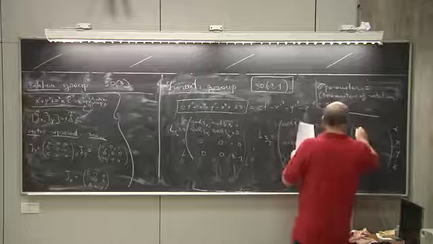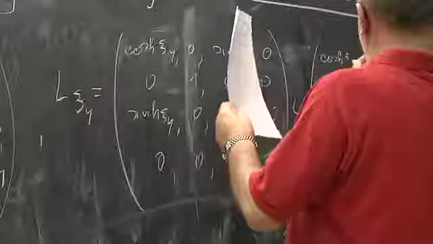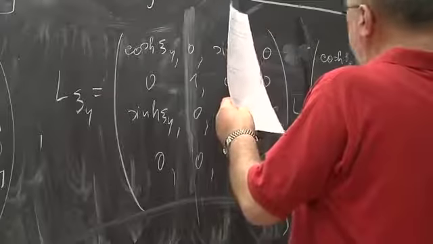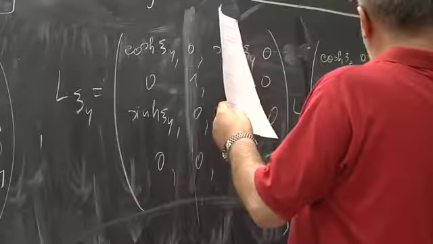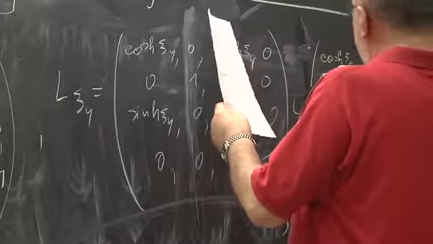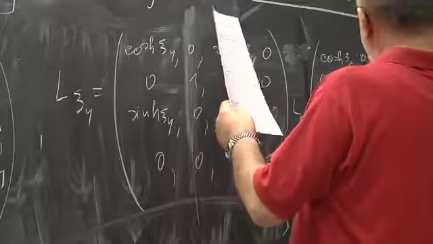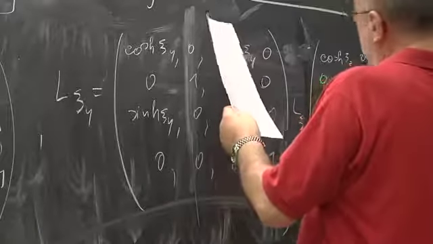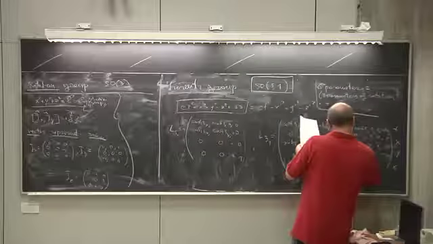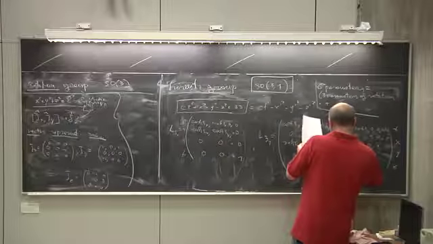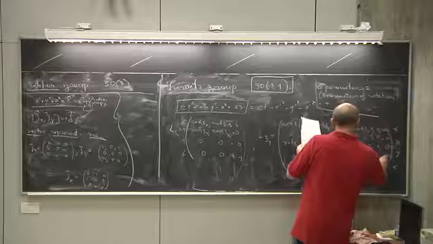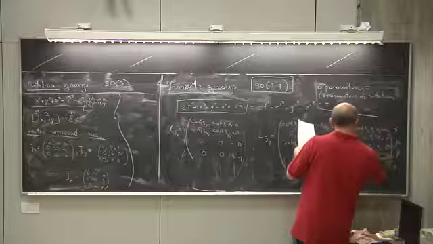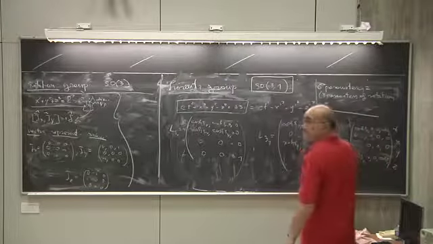So you have cosine hyperbolic ψz, 0, 0, sine hyperbolic ψz; 0, 1, 0, 0; 0, 0, 1, 0; sine hyperbolic ψz, 0, 0, cosine hyperbolic ψz.